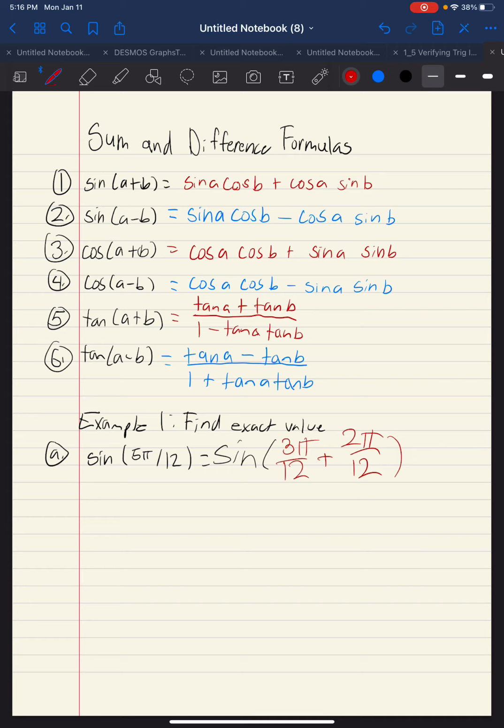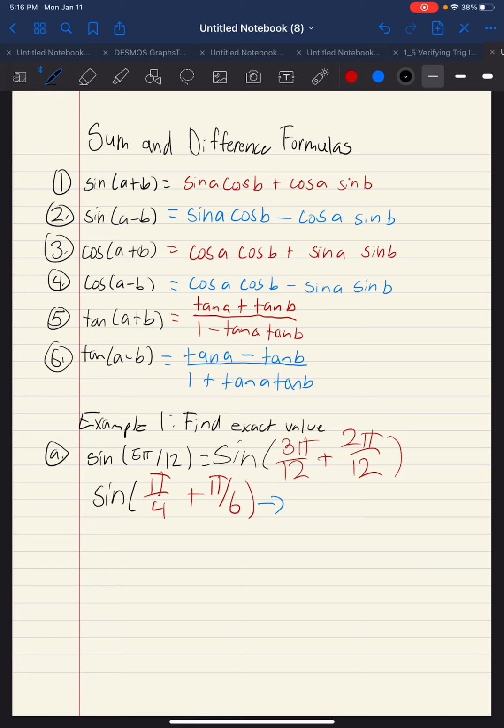So now we get sine of, when you simplify that, pi over 4 plus pi over 6. Now let's continue. Now you're like, okay, what do we do from there, Mr. Nguyen?